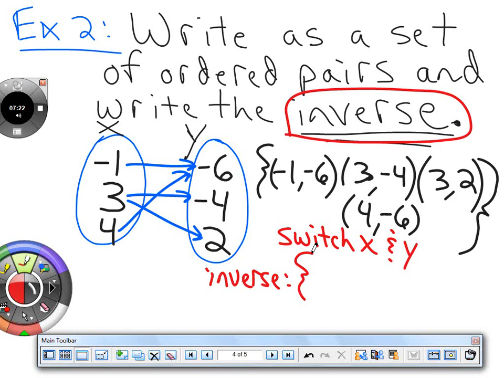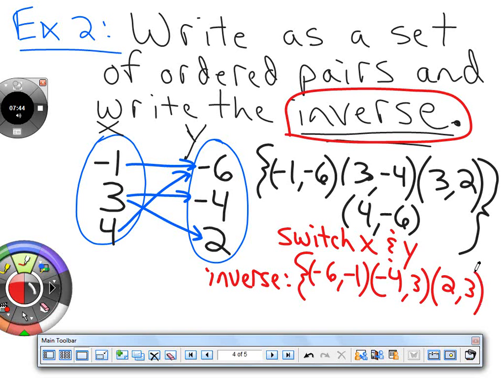So instead of negative 1, negative 6, then it would be negative 6, negative 1. Instead of 3, negative 4, it's negative 4, comma 3. And then it's 2, comma 3.